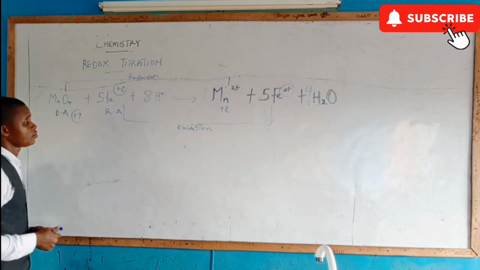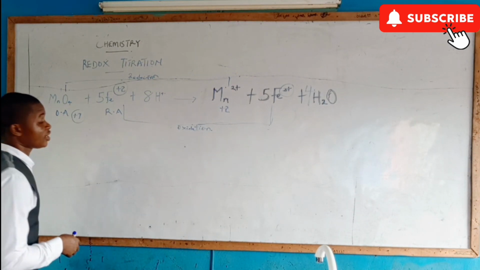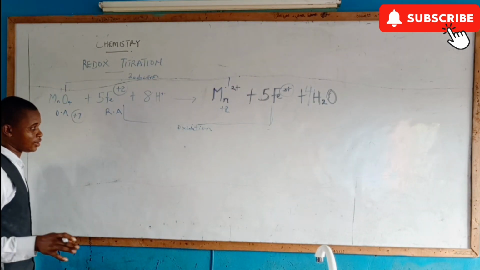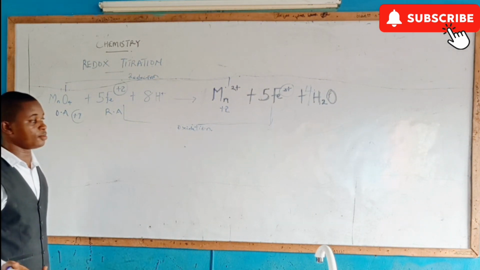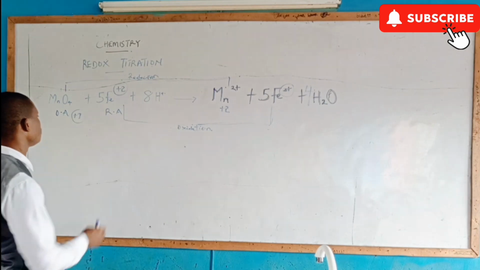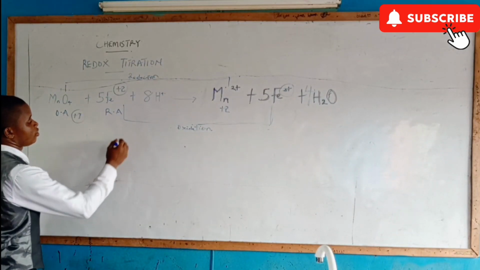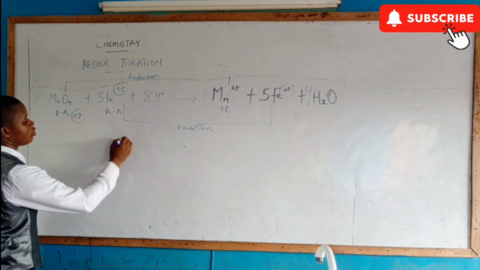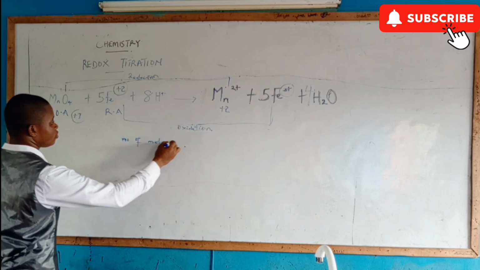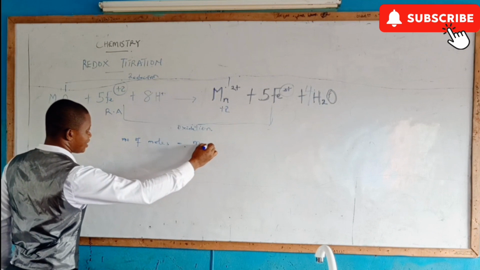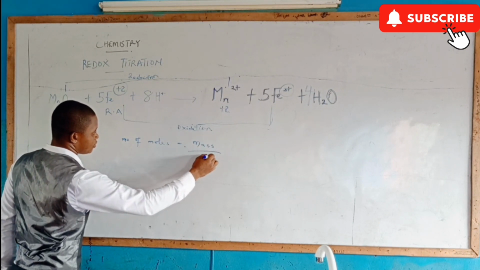Now, for the volume of acid used, in order to get it, we need to refer back to some of our basic chemistry. From our basic chemistry, we have number of moles, which is known as mass over molar mass.